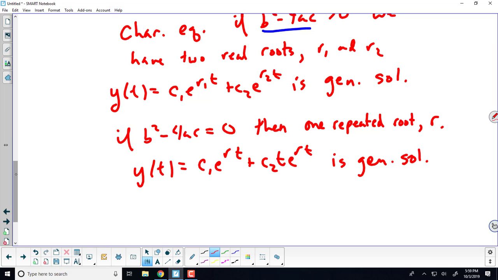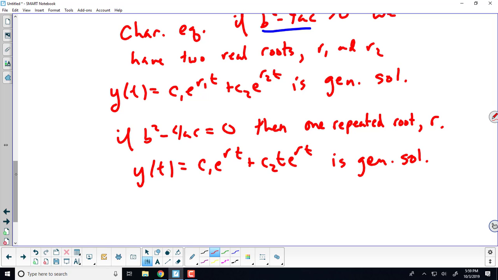By the way, our book breaks this up into different sections, so I'm kind of covering three sections at once right now. I'm introducing the second order problem. We just looked at the case where we have real roots to our characteristic equations. In a moment, we'll look at the case where we have complex roots. Those are sections 4.1, 4.2, and 4.3.